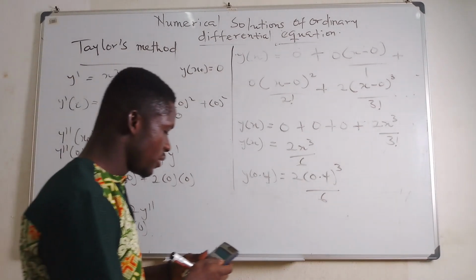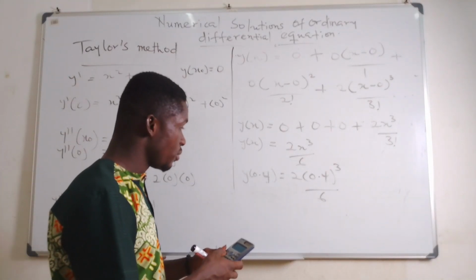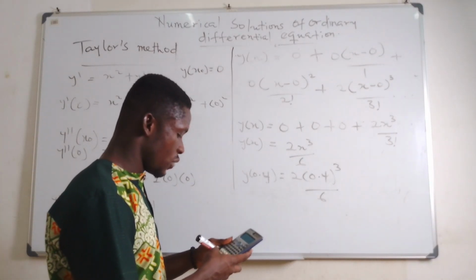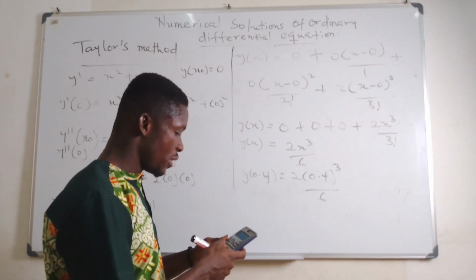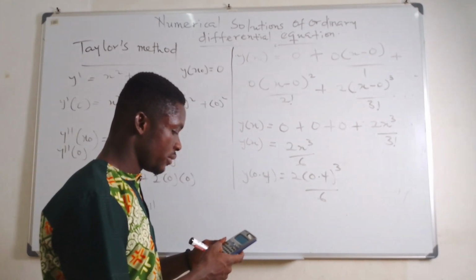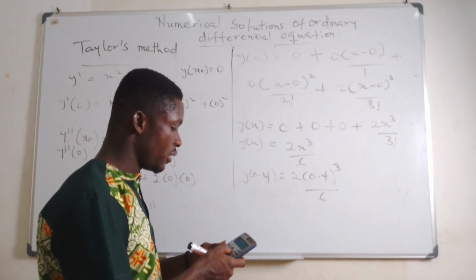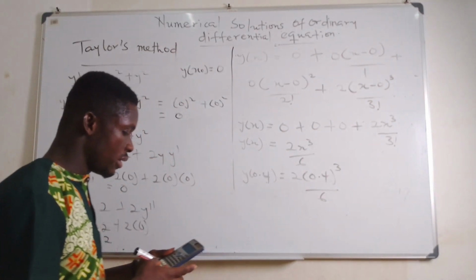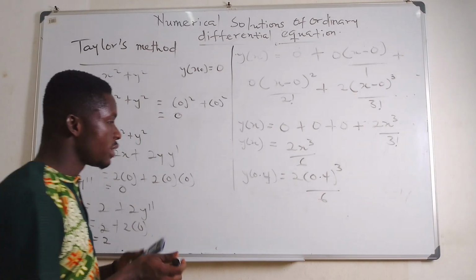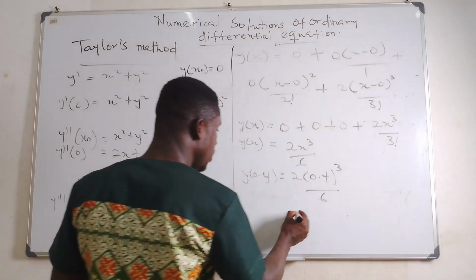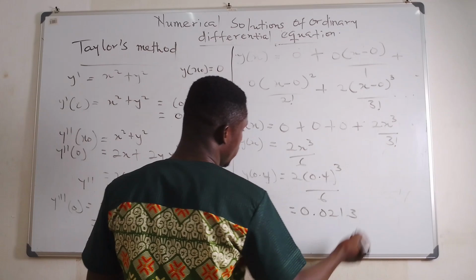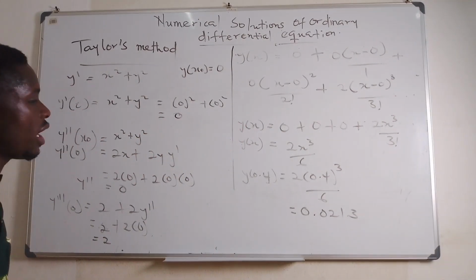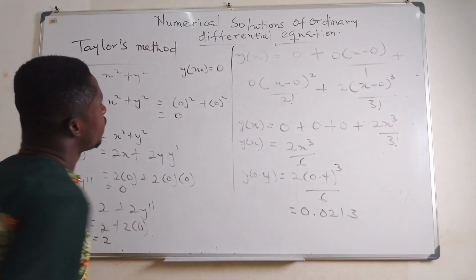So we are having 2 multiplying 0.4 power 3 all over 6, and the result is 0.0213. So this will be our answer for the first question.